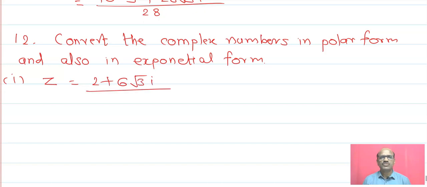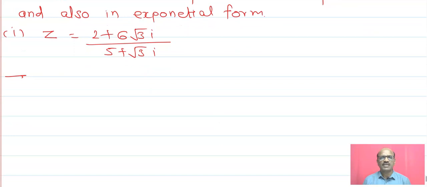Z is equals to 2 plus 6 root 3i upon 5 plus root 3i.